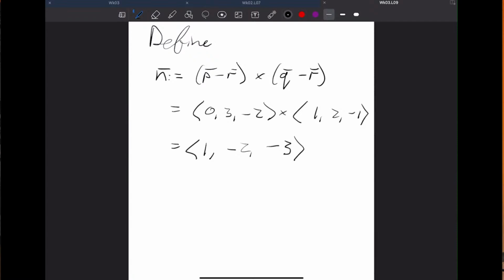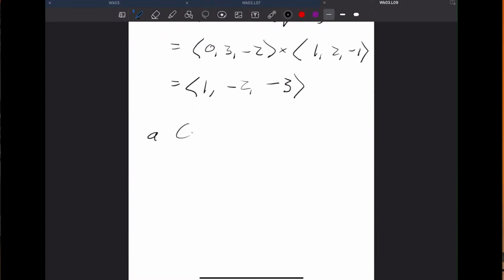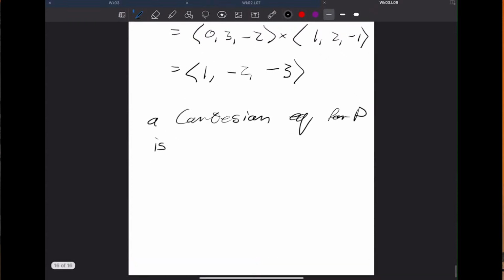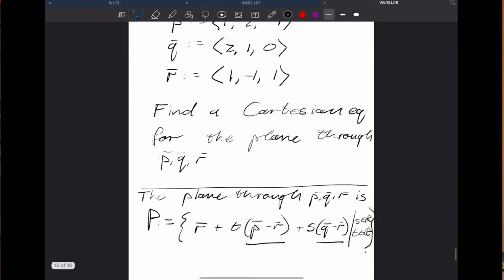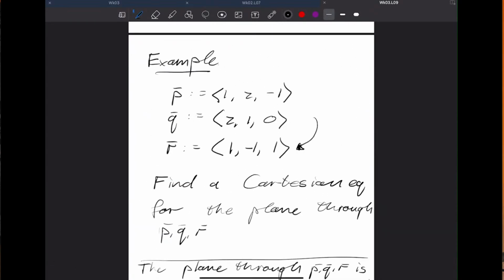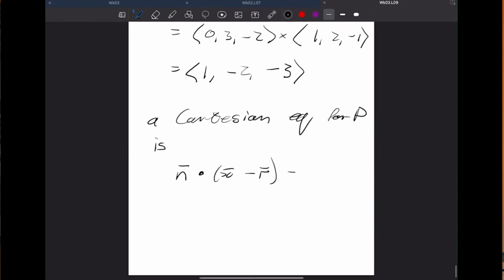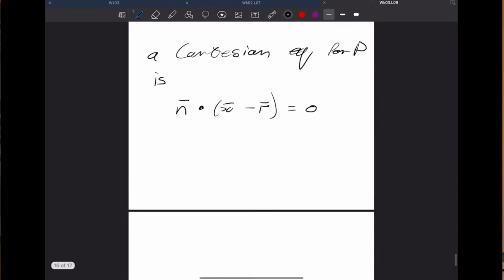Now we can write down a Cartesian equation for P. It is n dot (x - r) = 0, where r is, of course, this r.